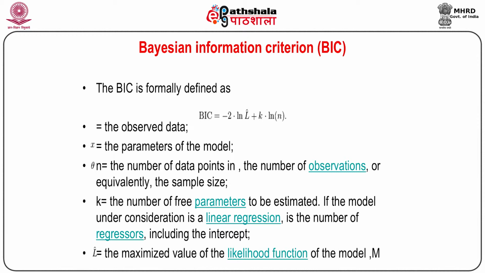The BIC is an asymptotic result derived under the assumption that the data distribution is an exponential family.